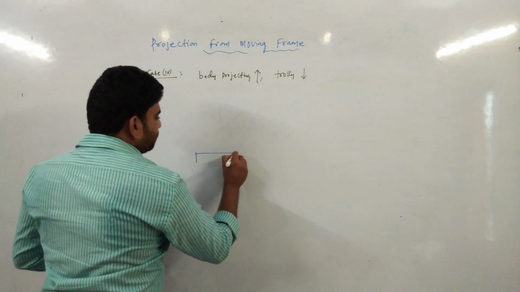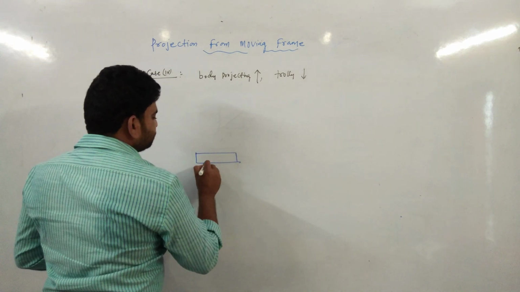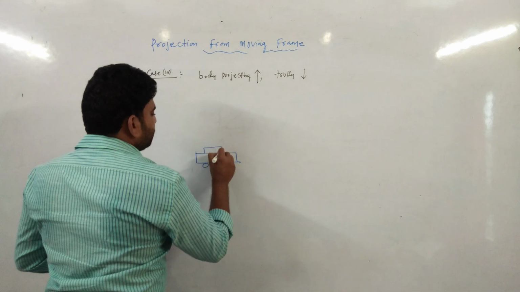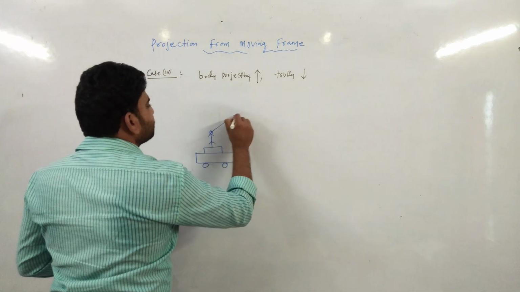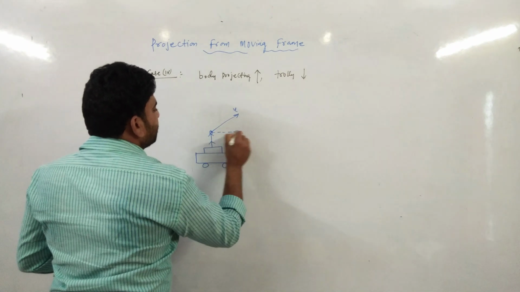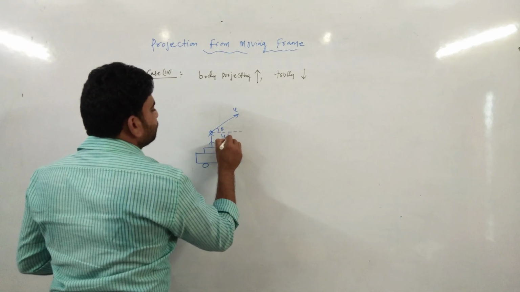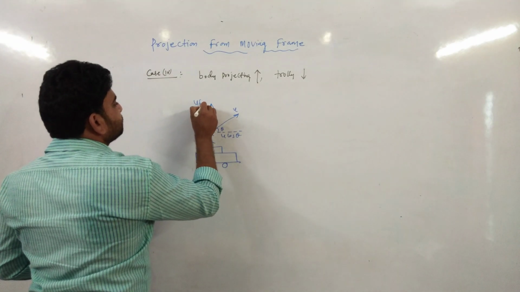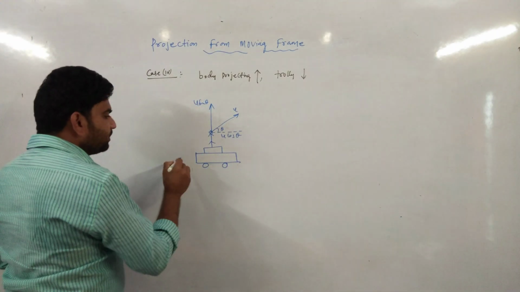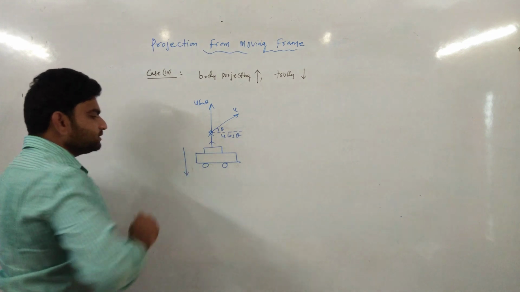Say this is my trolley here, and now a person is throwing a ball with a velocity u, and this becomes the horizontal component, nothing but u cos theta, and this is u sin theta. Now this time the trolley is moving in the downward direction.